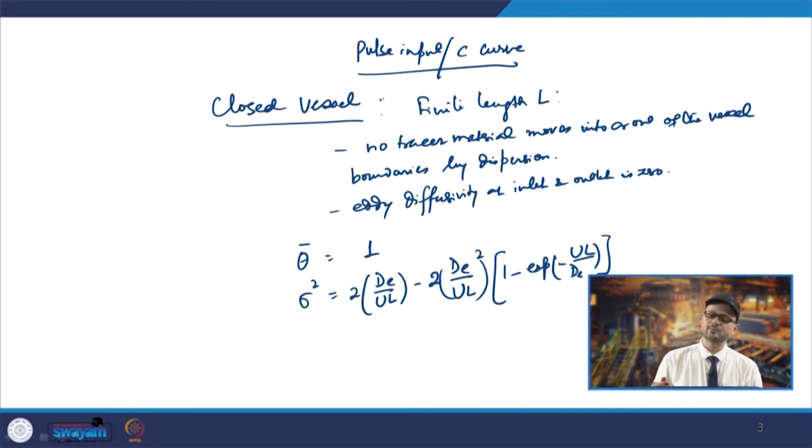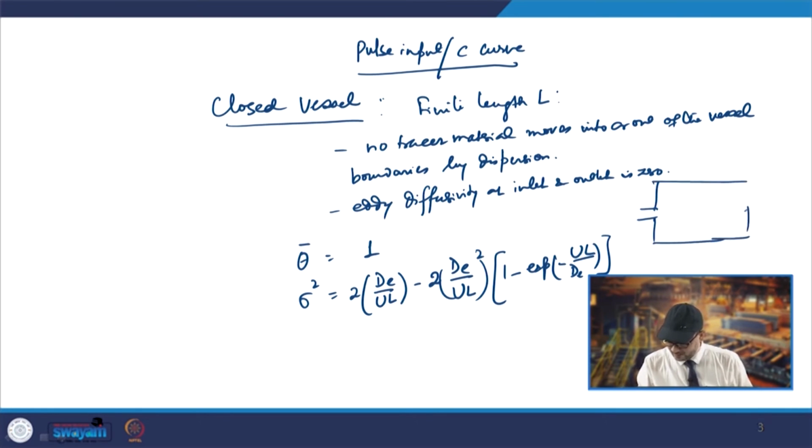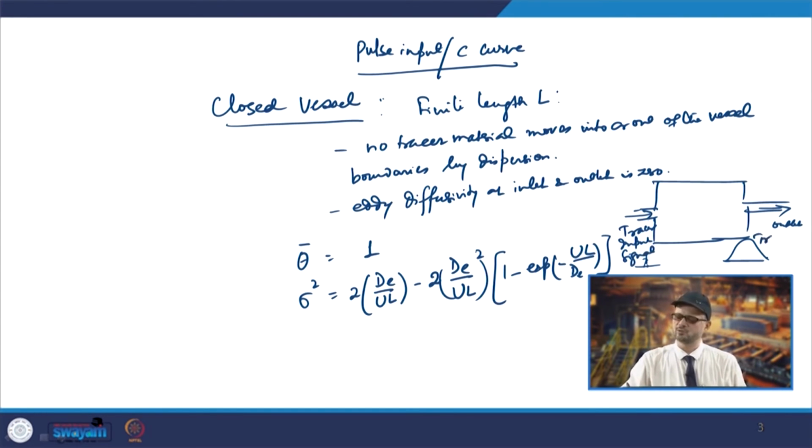So, the closed vessel will be characterized by this kind of system. You will have the vessel here, with the inlet here and the outlet here. You will have the tracer output signal from here, and this is your tracer input signal, and this is your tracer output signal.